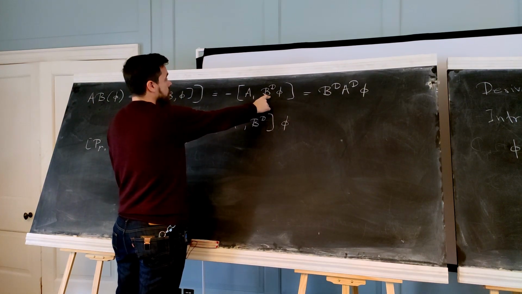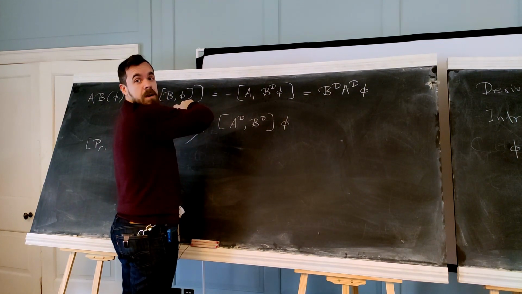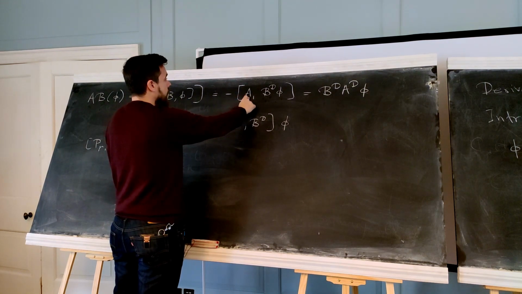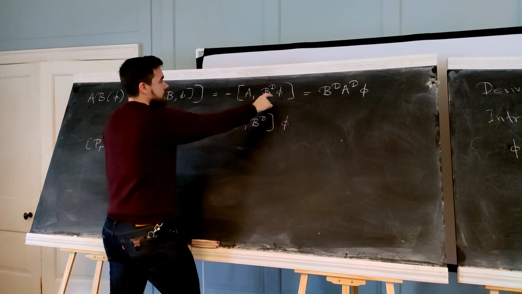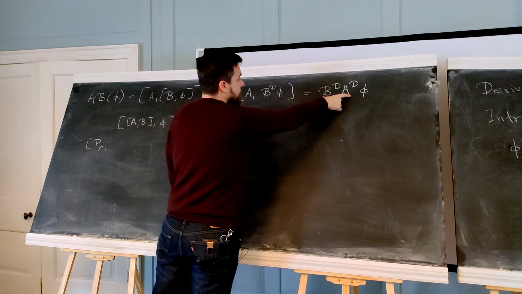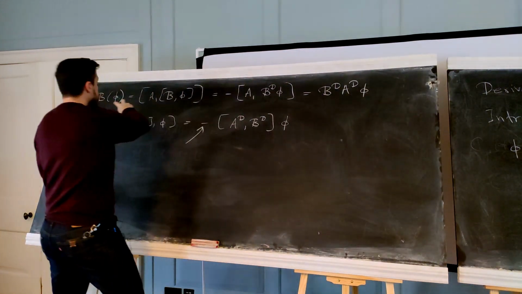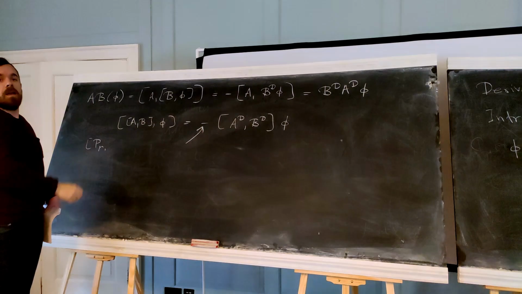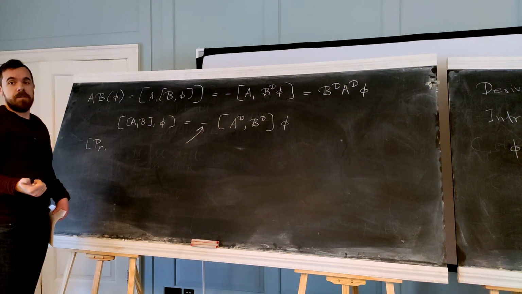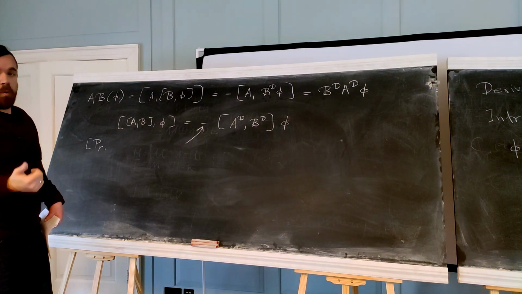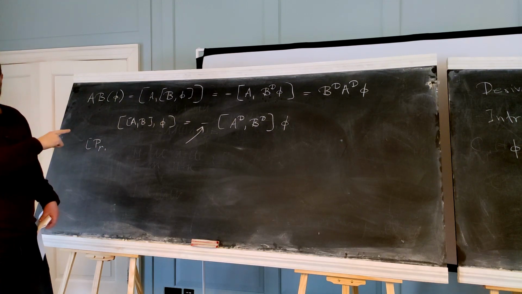And now this is just a differential operator. I can pull it out, right? And I have to now define how A acts on phi, which is this AD. So they end up in the opposite order than they started when you go to the differential representation. And it's important that they end up in the opposite order, and you'll see why in a minute.